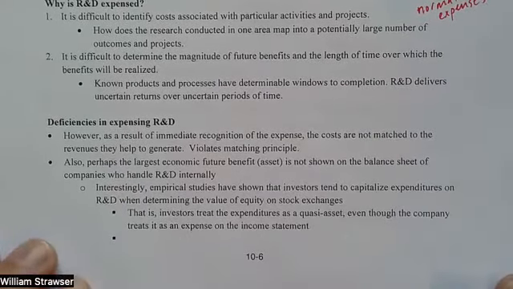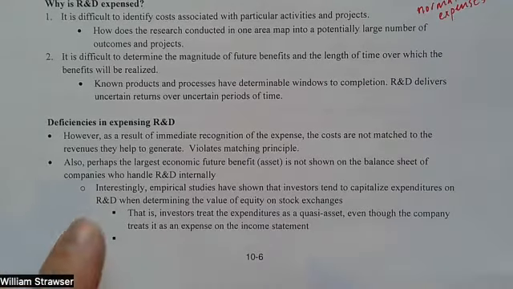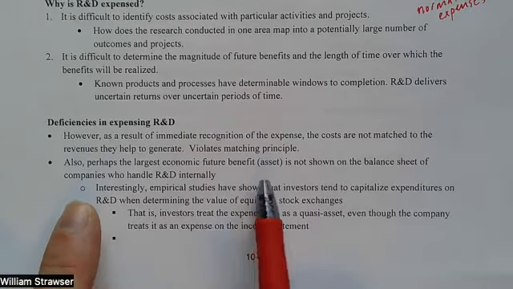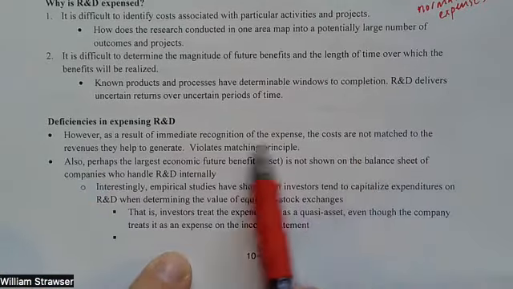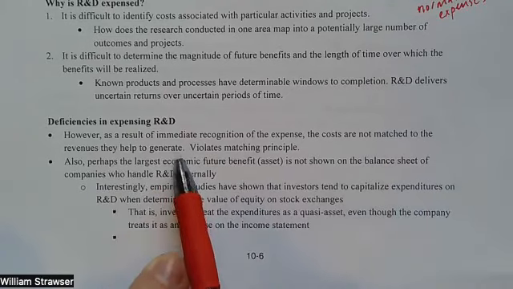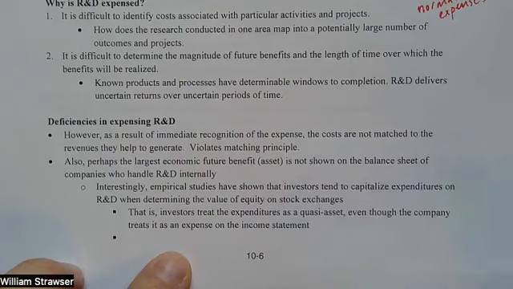What's deficient about this, right? When we immediately recognize the expense, we don't match costs to the revenues that might happen in the future, right? All R&D for the COVID vaccine for those companies was expensed up until the point that it was ready to be shipped off the shelf.